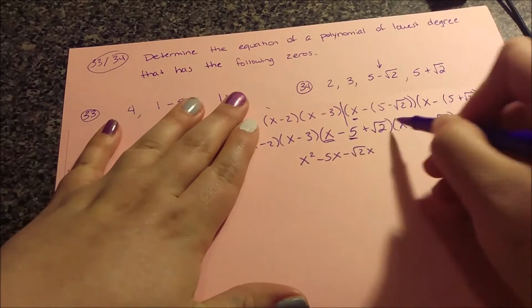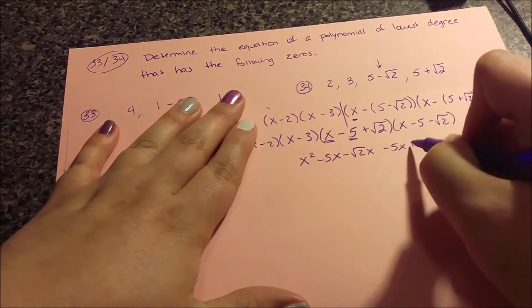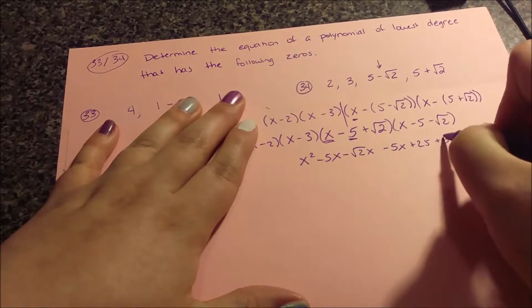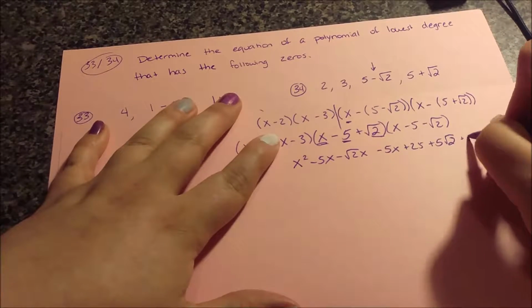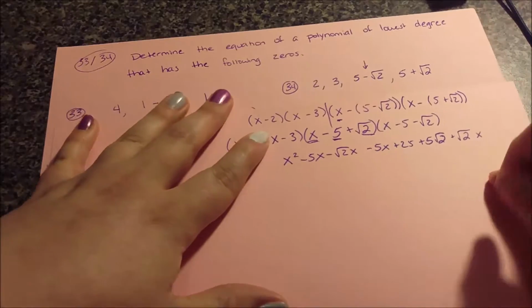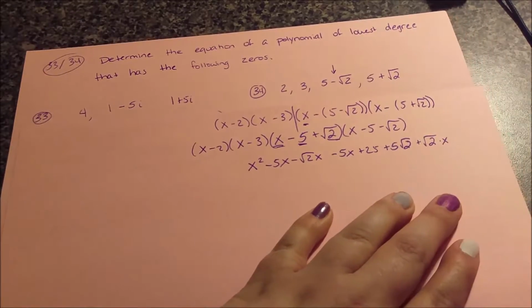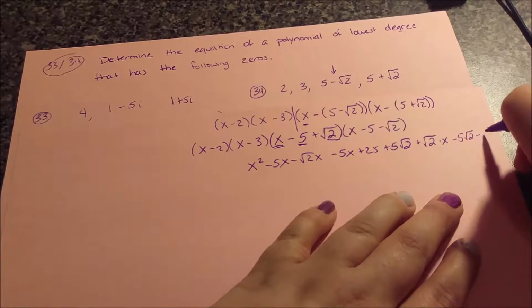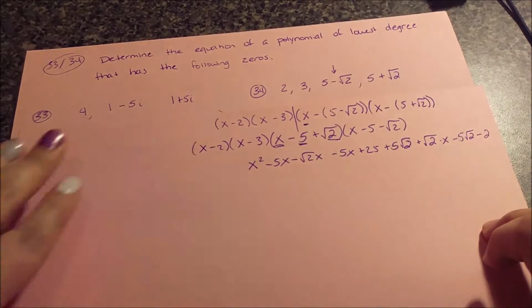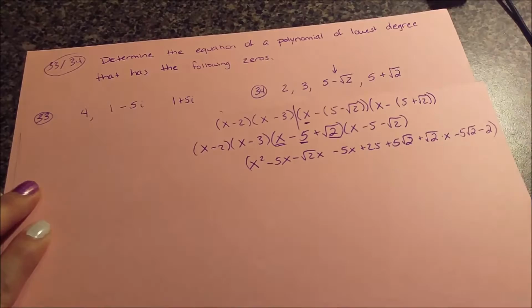Pick the next term, distribute it through. And pick the last term and distribute it through. Should have put that x first just so I make sure it's not inside the root. And that's the second factor.